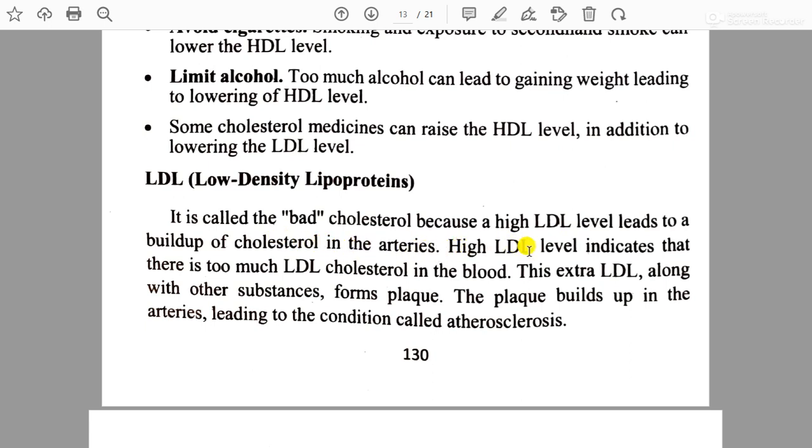A high LDL level indicates that there is too much LDL cholesterol in the blood, and this extra LDL along with other substances forms plaque, and this plaque builds up in the arteries, leading to a condition called arteriosclerosis. That is, blocks are formed in our arteries.